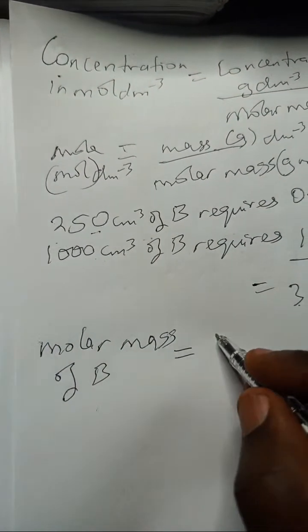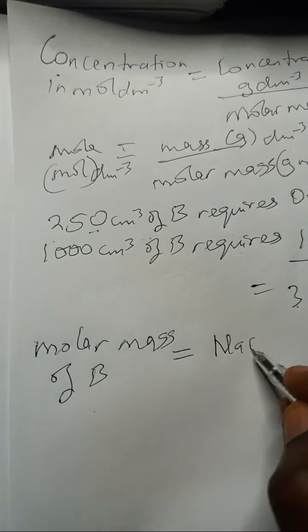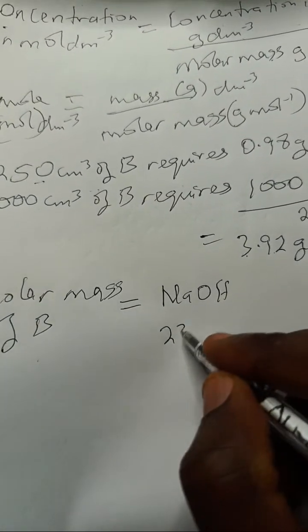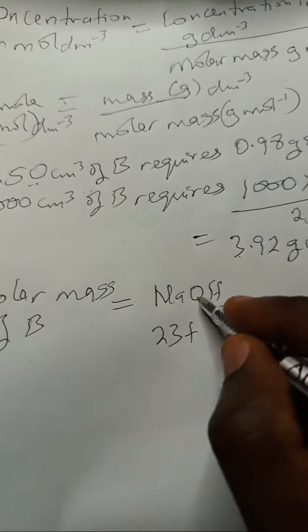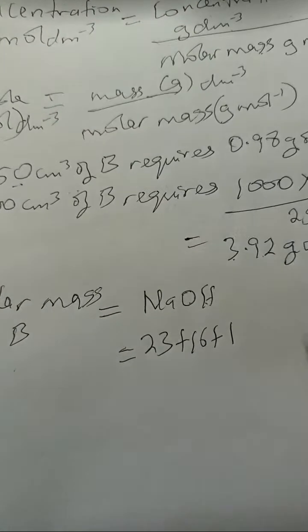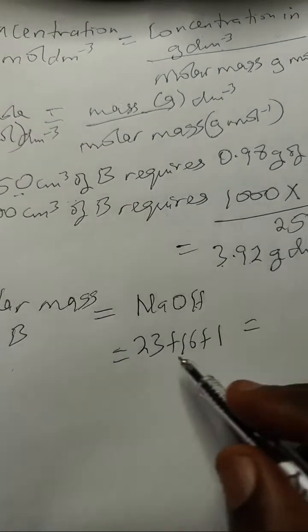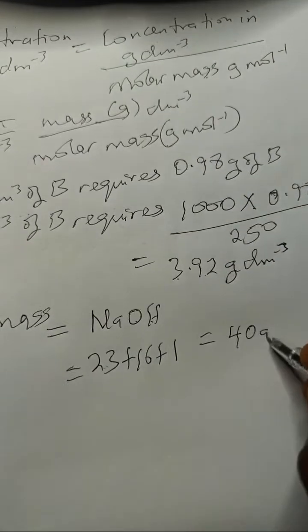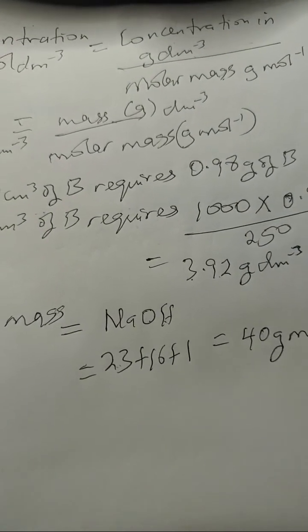Our B is NaOH. Now, sodium is 23 mass, plus oxygen is 16, hydrogen is 1. So if you add this together, this will give us 40. So we have 40 gram per mole.